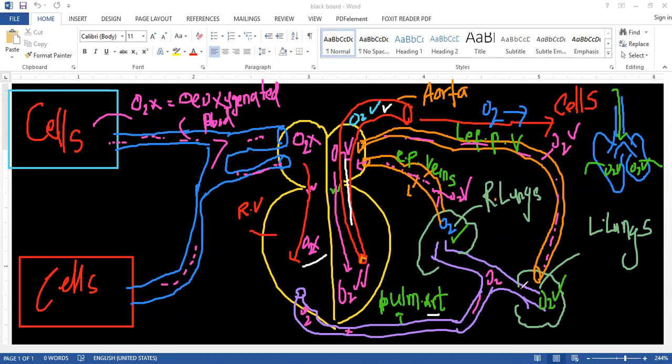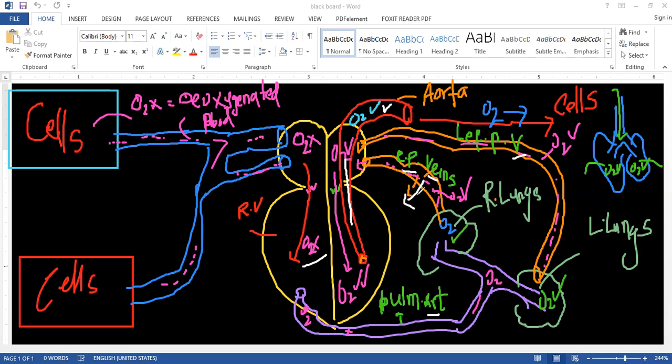Then from the right and left lungs, two tubes start, the left pulmonary veins and the right pulmonary veins. That blood moves through the pulmonary veins and opens to the left atrium. And here oxygen is combined with blood, and this oxygen-carrying blood is oxygenated blood.